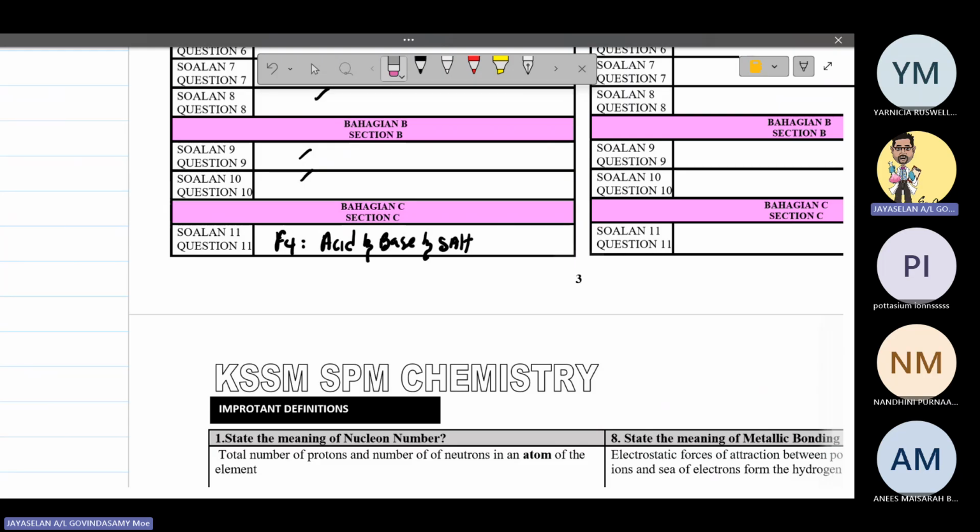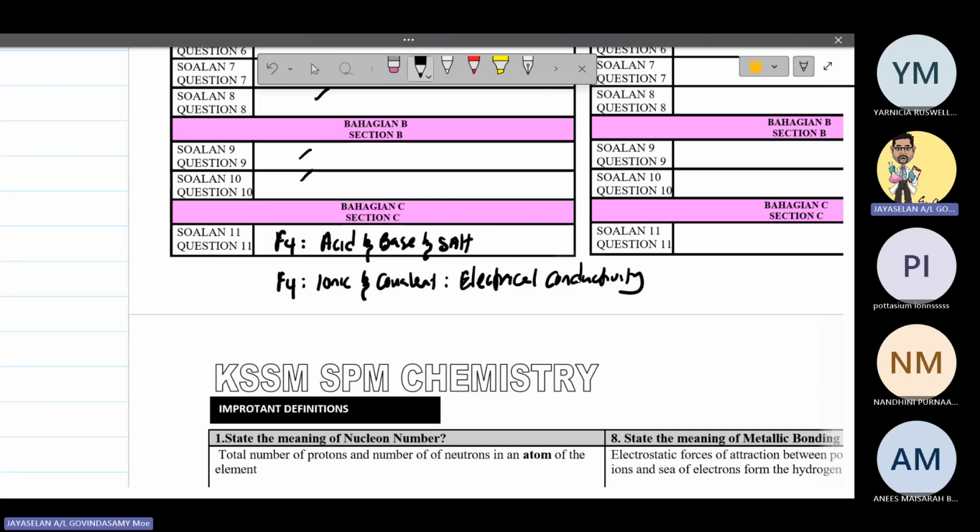If this year they want to help you, form 4, ionic and covalent compound. They will ask you to describe the electrical conductivity experiment. They give you one example: I take solid X and I melt it. The voltmeter needle does not deflect.